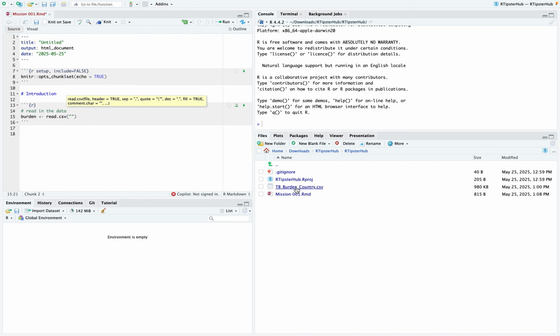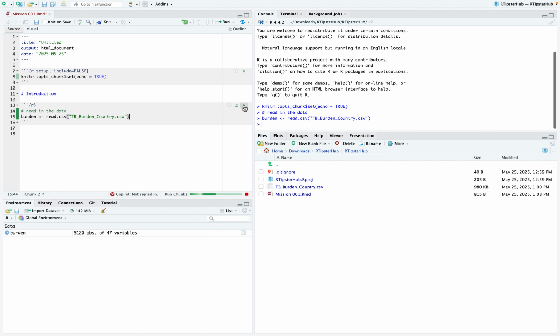Because my data set is in my working directory, I'll just copy the name as shown, tb_burden_country.csv. If I run that, it shows that it's been successfully read and there's no error.